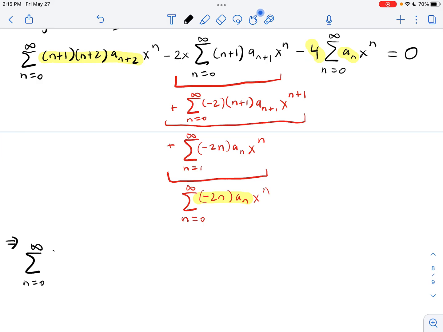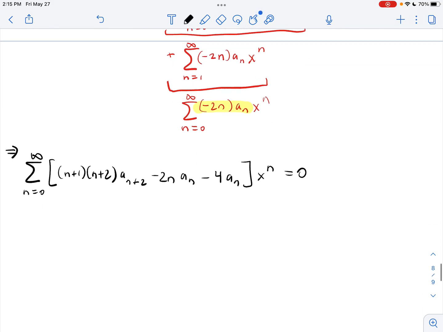So this is what I'm going to end up with then: n plus 1, n plus 2 times a n plus 2, minus 2n a n, minus 4 a n, x to the n is equal to 0. Okay, this is how we combine it.